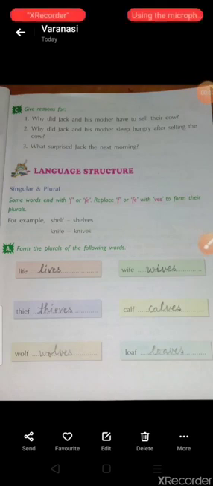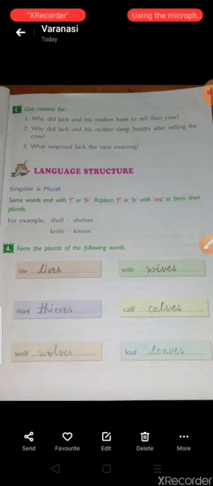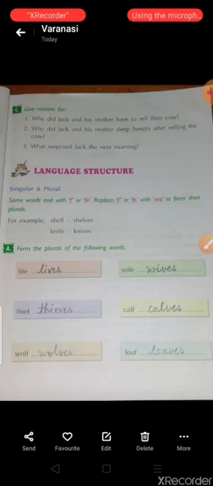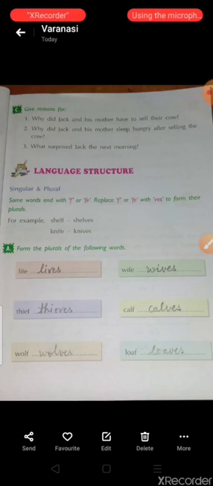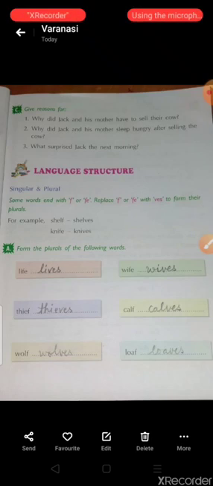Children, after explaining how to make plurals, we now understand that for words ending with F and FE, we replace F or FE with VES to form their plurals. For example, shelf, shelves; knife, knives.